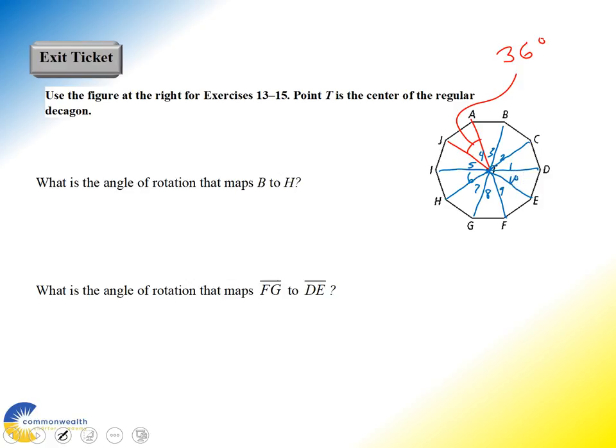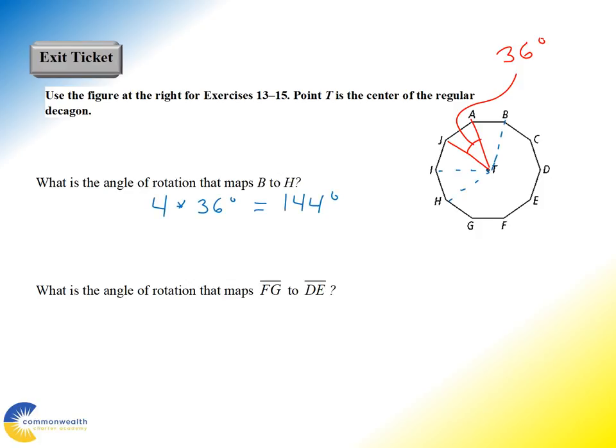Since this is a regular polygon, they're all assumed to be equal to each other, and they total 360 degrees. So if I have 10 angles totaling 360 degrees, that's how I know that that angle that's reported up there is 36 degrees. So let's get rid of all this stuff here.